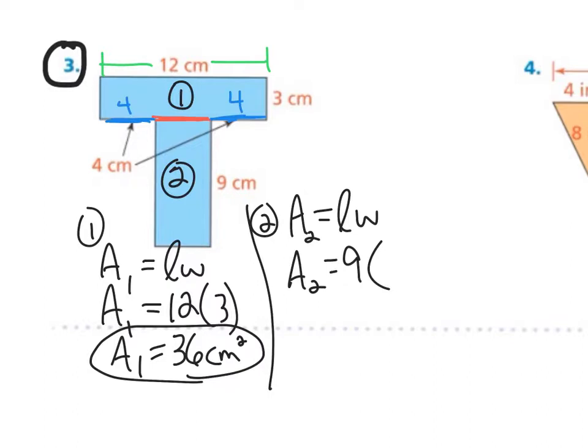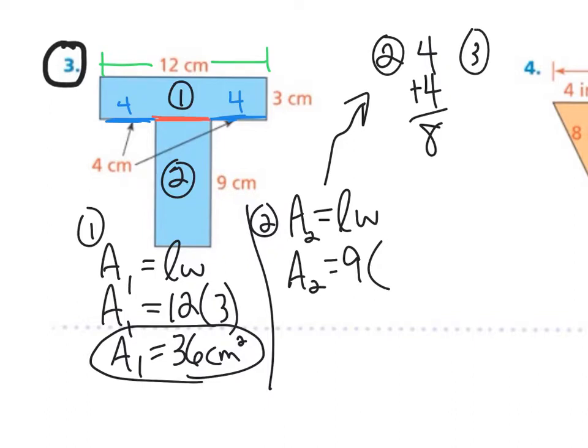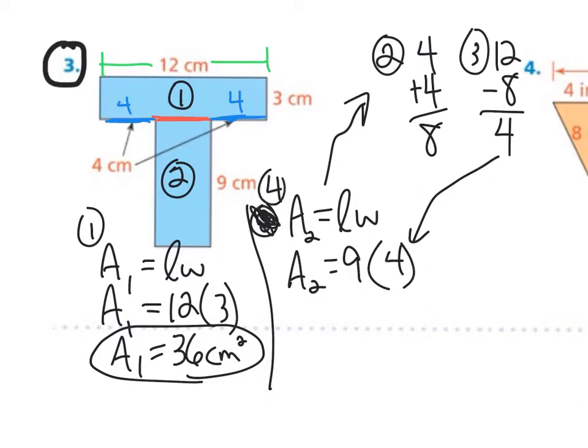So kind of a side work here, I guess. You could argue this as being your second step, maybe. 4 plus 4 is 8, and then 12 minus 8 is 4. Okay, and so I'm going to change this up, I guess I'll make this my fourth step then.